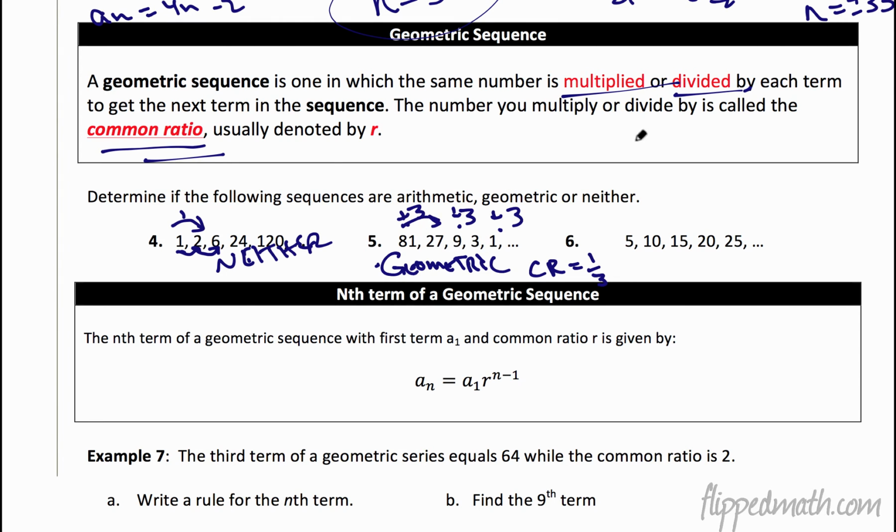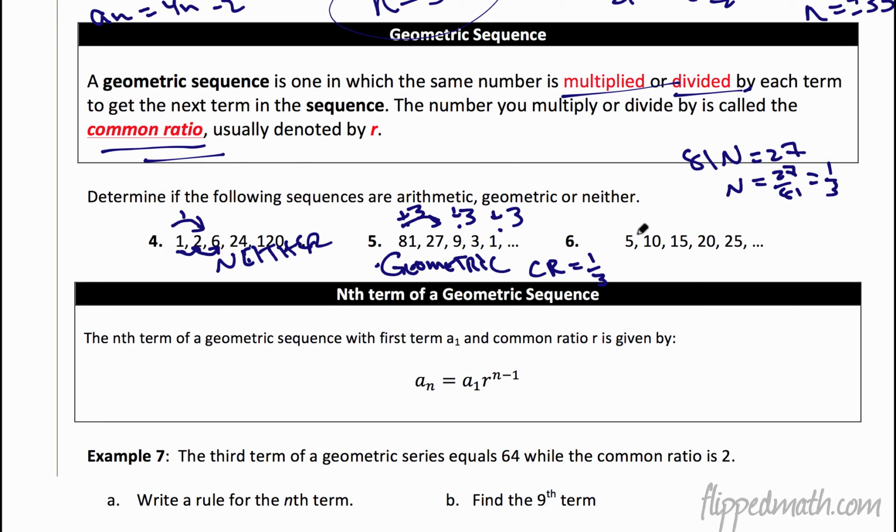You have to multiply 81 times what number here? I don't know, equals 27. You divide, you get n equals 27 over 81, which is 1/3 when we reduce it. Or you just remember division is the reciprocal, so if you divide by 3, you're multiplying by 1/3. Common ratio here, 1/3.